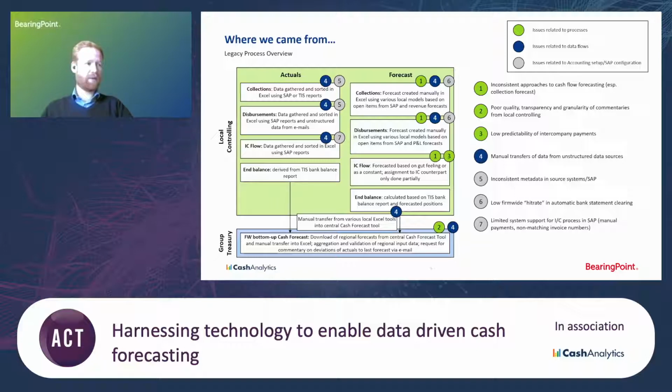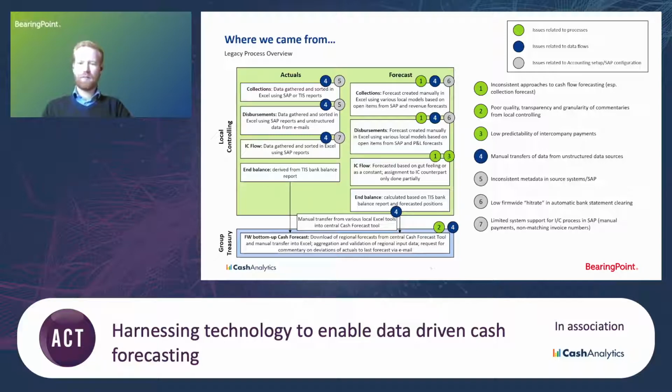What we saw there is what you can see on the screen as the little bubbles, which are the key issues that we identified: mainly unharmonized approaches of taking data and bringing the data to a forecast, a lot of manual work, and little alignment between the entities, especially when it came to intercompany trading and intercompany receivables.